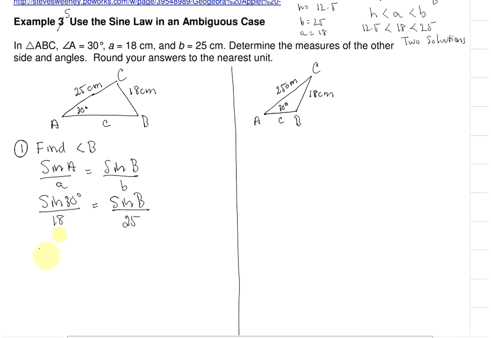And so using my little shortcut, sine of B is equal to 25 times the sine of 30 divided by 18.